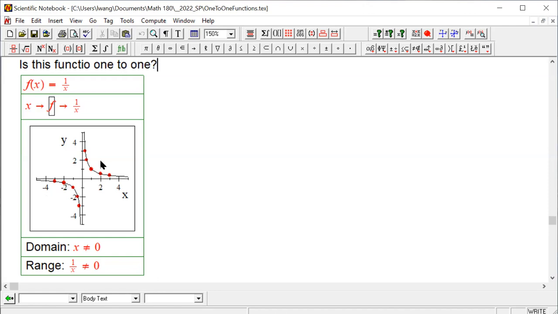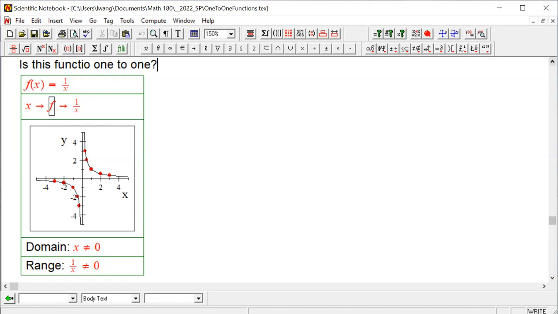Well, we can do the horizontal line test. We know it's a function already, so there's no need to do the vertical line test. But if you do both tests, you would do the vertical line test first, and then the horizontal line test. Does it pass the horizontal line test? Yes, it does.